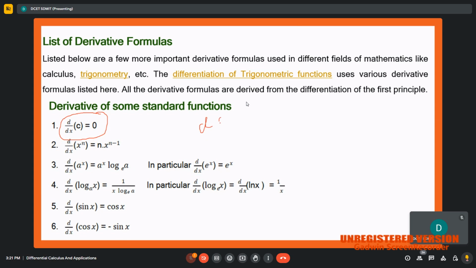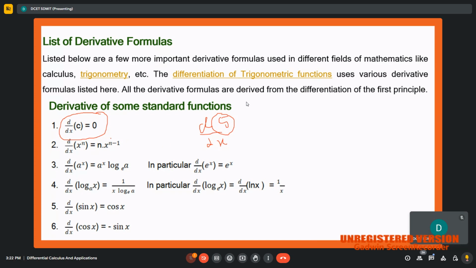What is the differentiation of 5 then? Can you tell me? 5 is also a constant, right? Very good. Differentiation of 5 is 0 because 5 is a constant, not a variable. So differentiation of a constant term is 0.